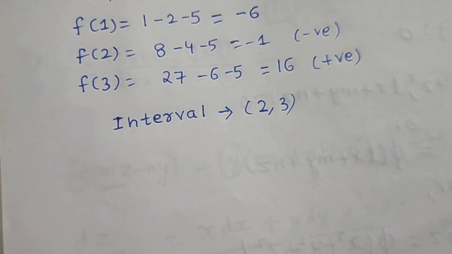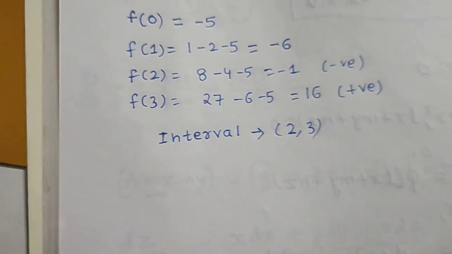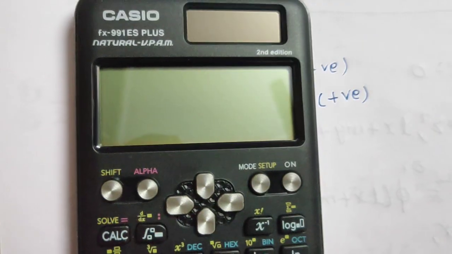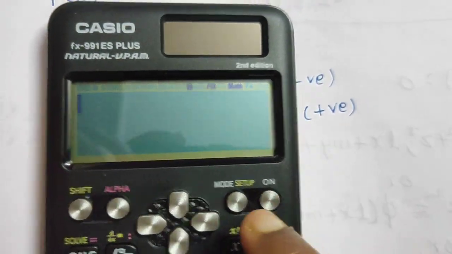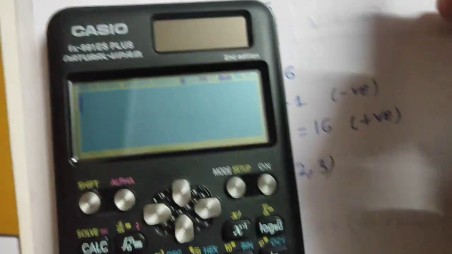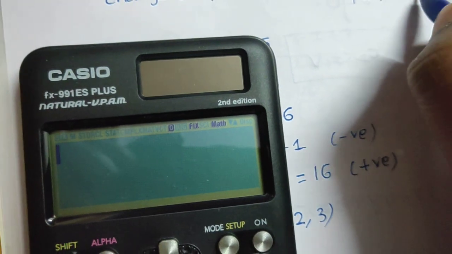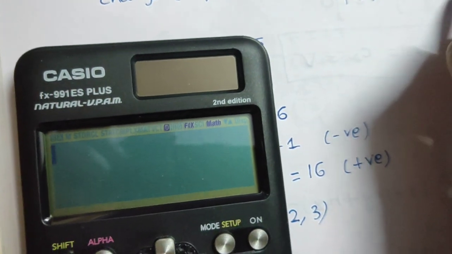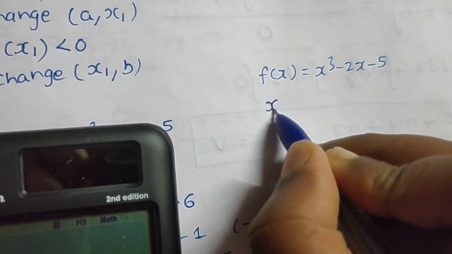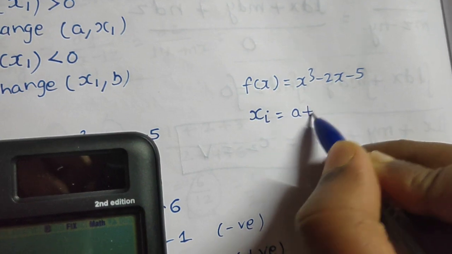Now I'll start with iteration. For that I will have to draw the table, but before that let's turn on our calculator. So what I will do, I have my function, and I will have to do this iteration every time. Let's say that xi is a plus b by 2.